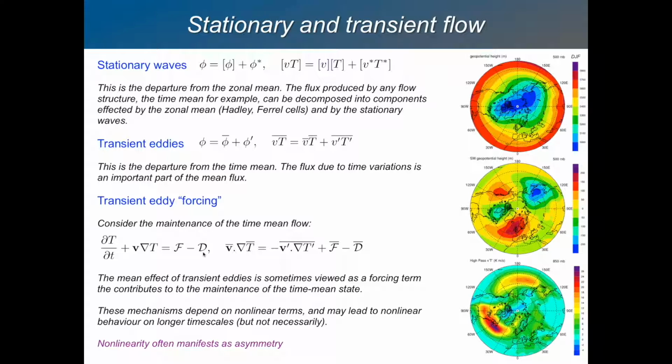But then you can also take the average of that equation, and it'll say that the flux by the average flow is equal to the average forcing and dissipation, plus another term, which I put on the right-hand side here, which is the transient flux. But it's really just part of the flow, but it's often regarded as another type of forcing. It's a kind of thing which balances the mean advection. The transient advection balances the mean advection. And often we look at the atmosphere in that way.